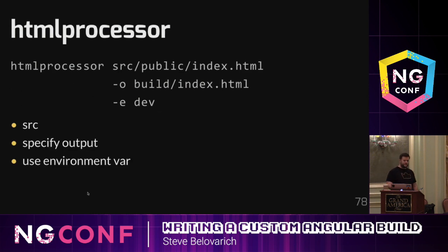HTML processor takes a few arguments. The first argument is the index, or is the template we want to process through HTML processor. It takes an output argument, -o, which tells us where we want HTML processor to put the index.html once it's sorted through all the environment variables. And then we pass it an environment.